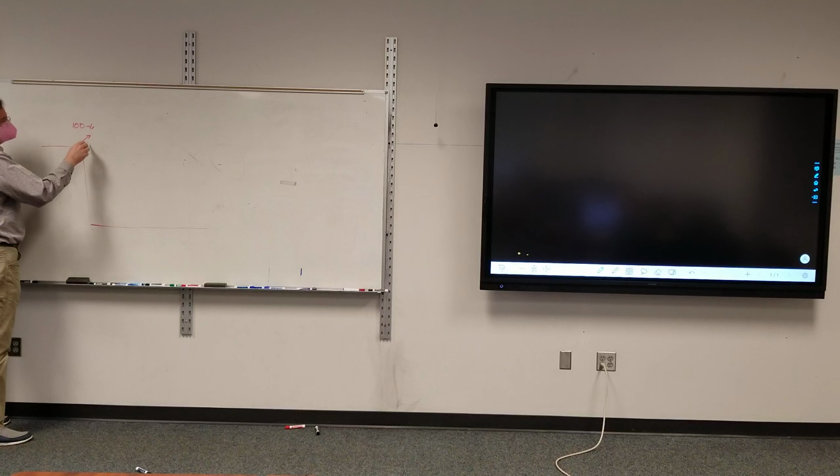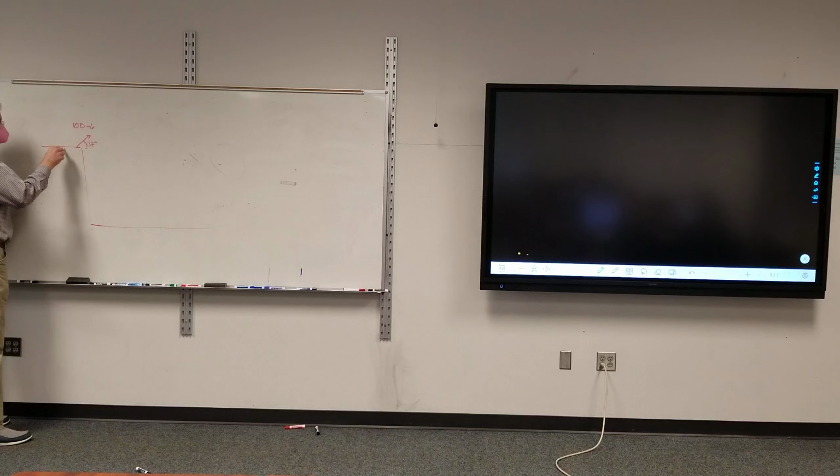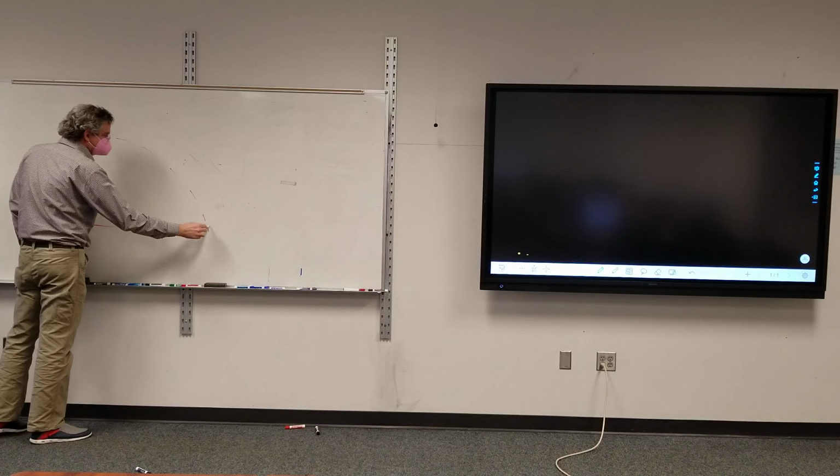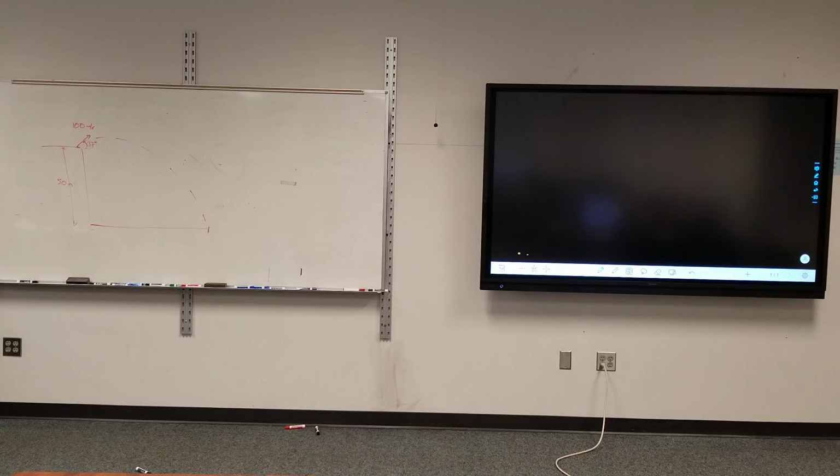An angle of 37 degrees, a height of 50 meters. And what I want to know, just basically, how far from the base of the cliff will this object land?